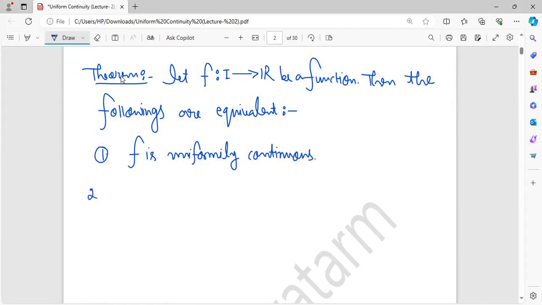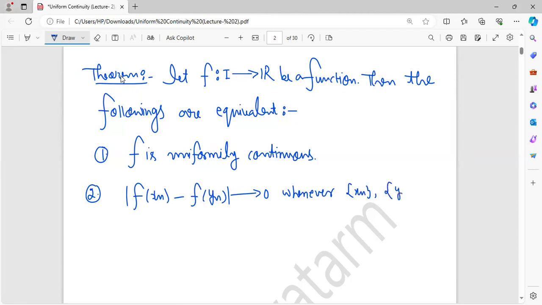Second one, the absolute value of f(xn) minus f(yn) tends to 0 whenever xn and yn are sequences in the interval I such that their difference tends to 0. So the second statement is: you take any two sequences such that their difference tends to 0, then the difference of images also tends to 0.